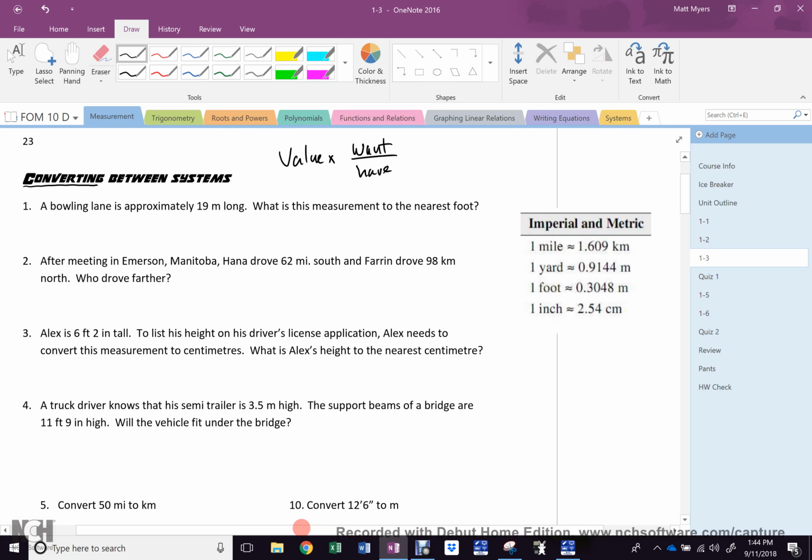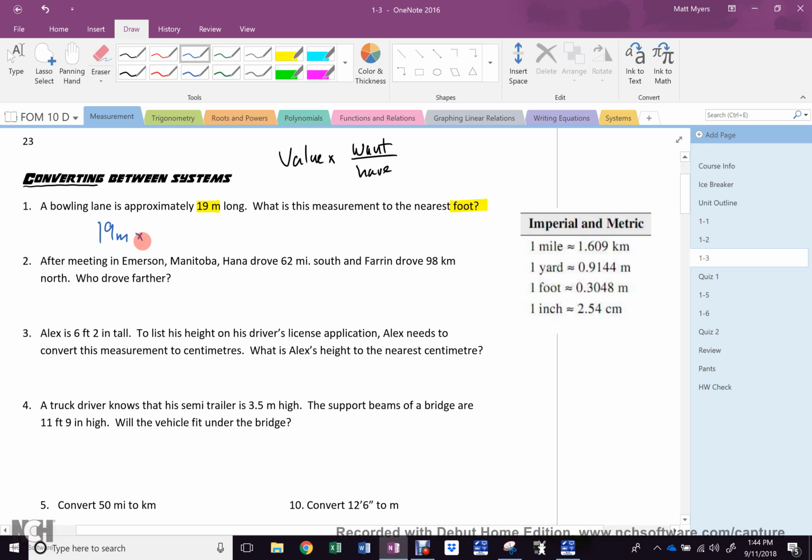So, the question, again, I have values. I have 19 meters, and I want feet. So how do I set it up? Do I have a value that I am starting with? 19 meters. Do I have a value that I wish to go to?